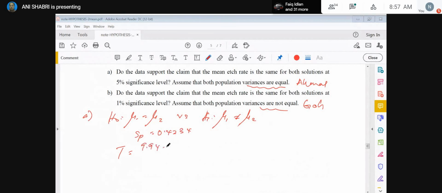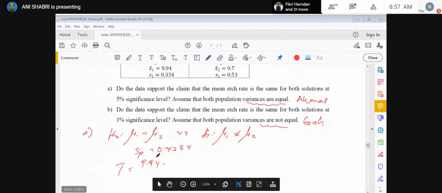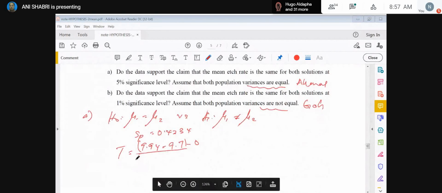Okay, minus 7. Okay, divide by 1, 1 divide by 10, 7.